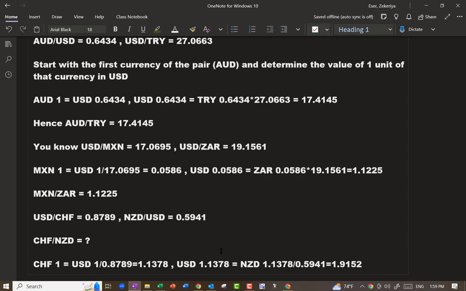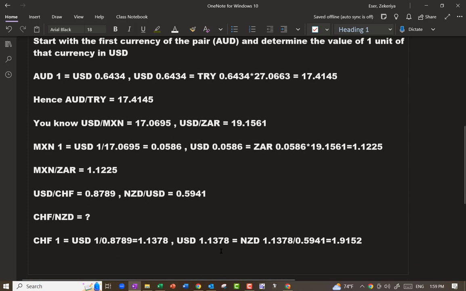And let me see. So 1 Swiss franc should buy you 1.9152 Kiwi. In fact, we already have it here. Where is it?